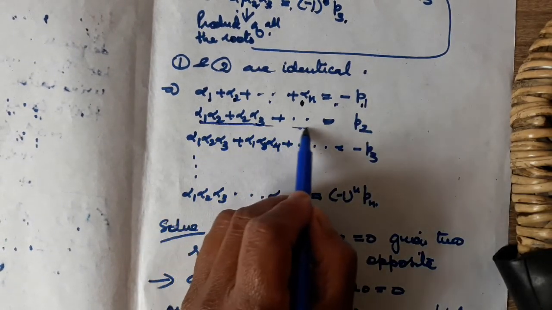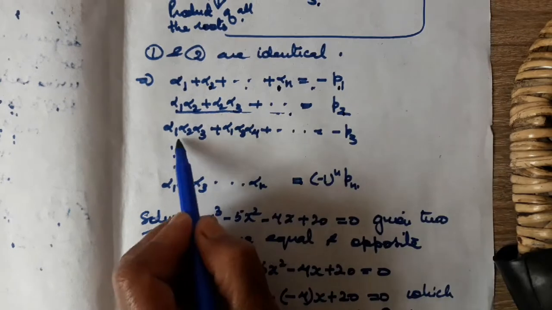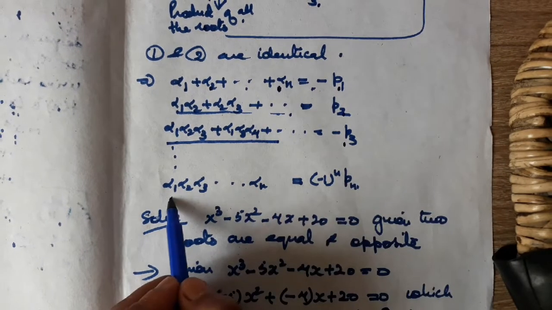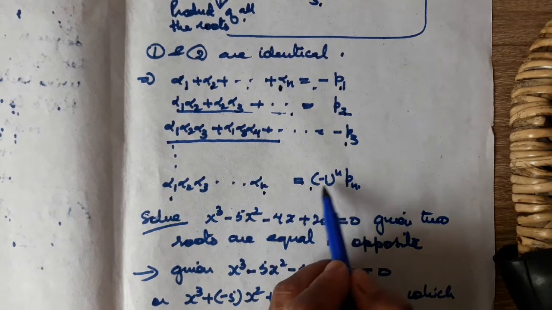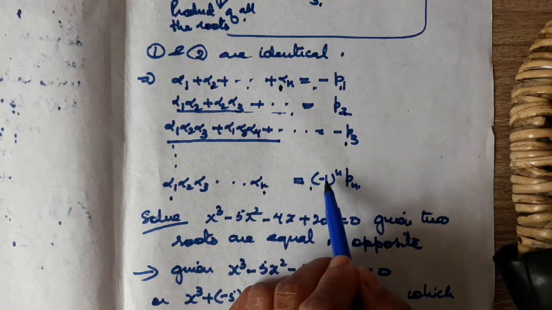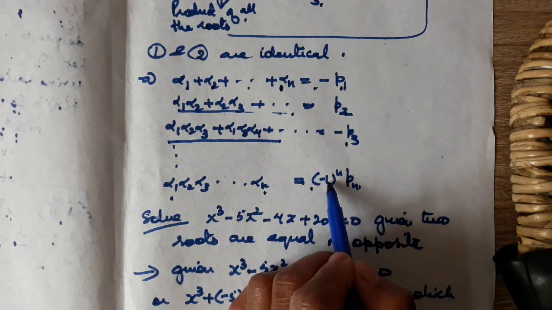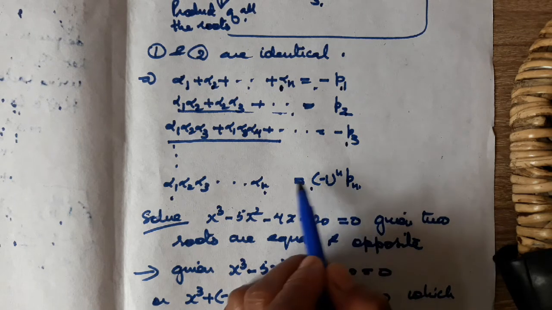Sum of the roots taken 2 at a time will be equal to p2. Sum of the roots taken 3 at a time will be equal to minus p3, and so on, and the product of all the roots will be equal to minus 1 to the power n, since it is a polynomial of degree n. So this n here stands for the degree of the polynomial. If it is of degree 4, you will get minus 1 to the power 4. If it is 5, it will be minus 1 to the power 5 into p5, and so on.